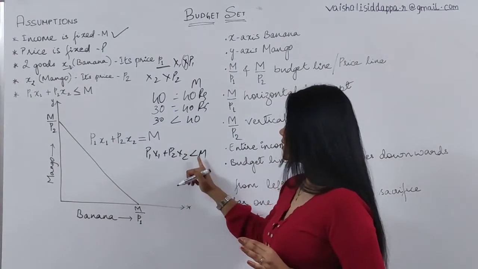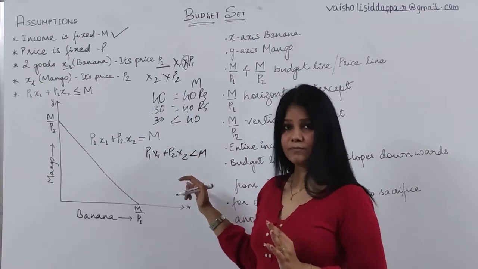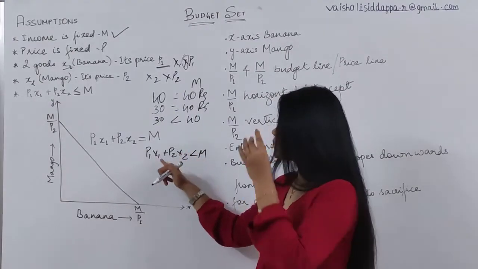The second one says whatever income you will be having, you are underspending it. If you have 40 rupees of income, you are spending only 30.